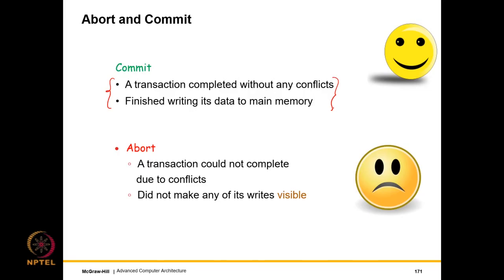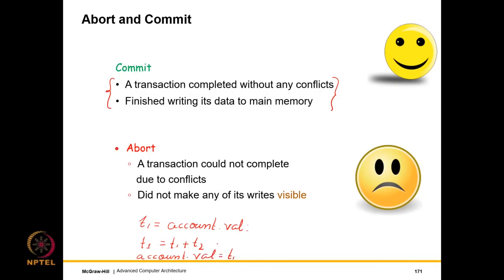If there is a problem, which means a transaction could not complete due to conflicts, right? So what can happen? Well, consider the same bank account example, where we first read in the value of the account into a temporary. We augment the temporary with the amount that is passed. Let's say that is in T2. And then we set the account's value to T1.